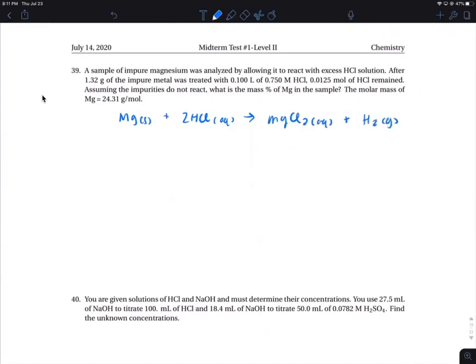So this is the equation. All right, let's first find how much HCl is being added. So 0.75 moles per liter. Okay, and it's already in liters, which is handy.